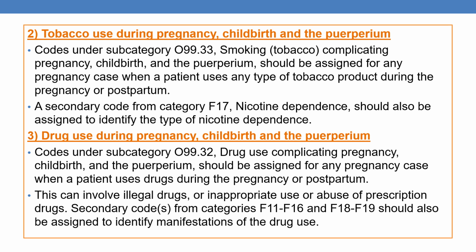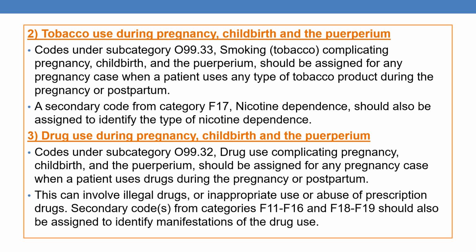And this can involve illegal drugs or inappropriate use or abuse of prescription drugs. In either case, it is considered as drug use. And secondary codes from the subcategories F11 to F16 and F18 and F19 should also be assigned to identify the manifestation of drug use.